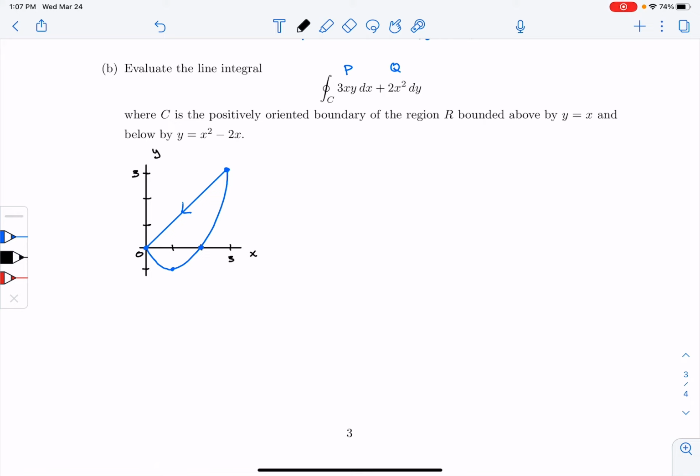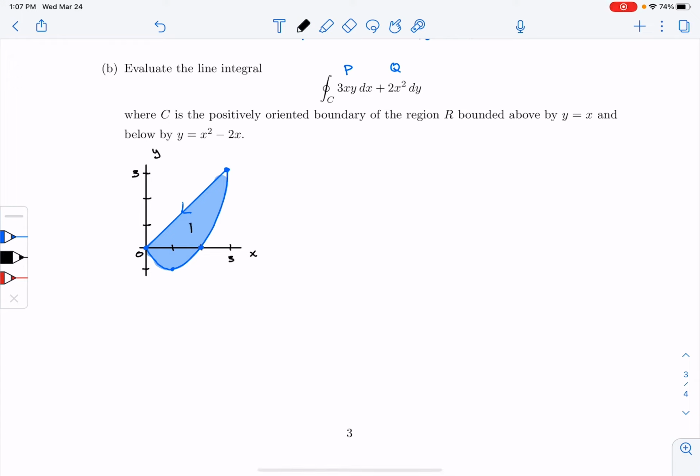So I want to do this integral. I want to compute the line integral by using Green's theorem. So I'm going to instead consider the region that's enclosed by these two curves.